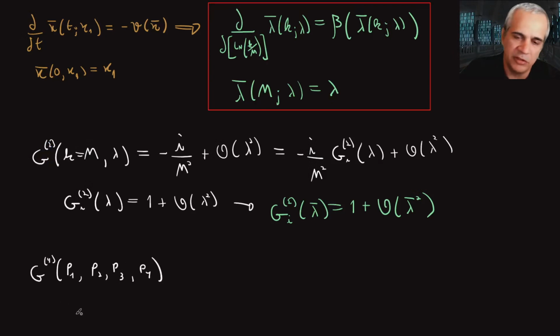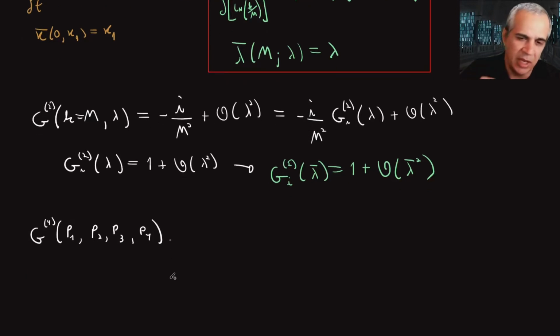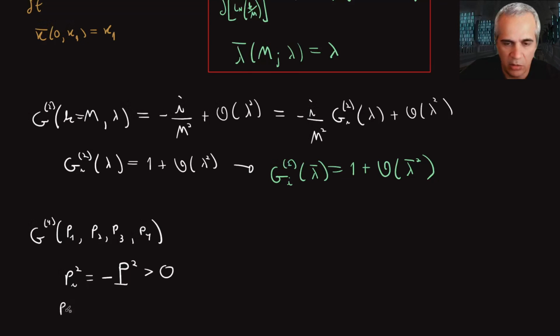I don't want to study 4 independent variables of momentum, so I can simplify that by choosing a specific kinematical region, in which all p_i squared are equal to some, let's call this capital P squared, which is bigger than 0, and that all these are orthogonal, say p_i dot p_j equals 0, whatever i and j which are different.